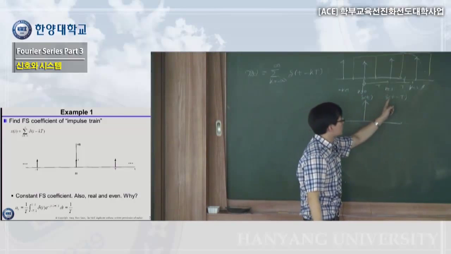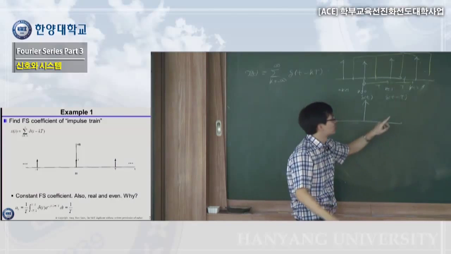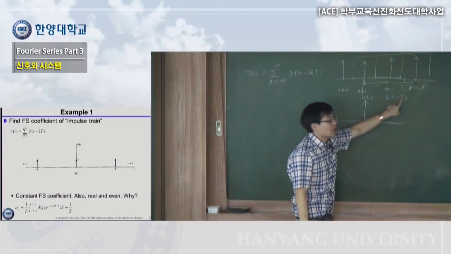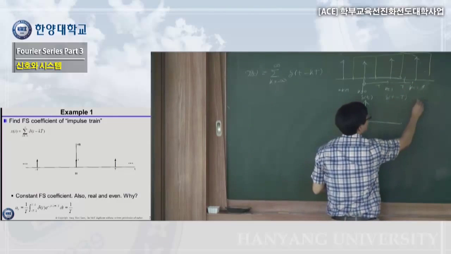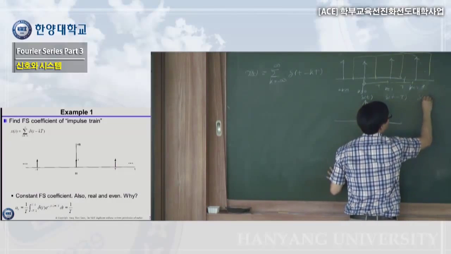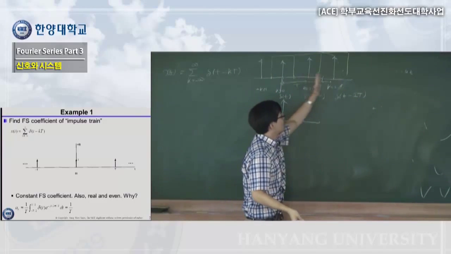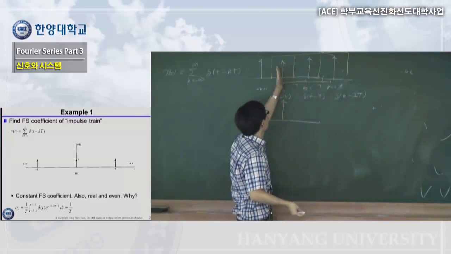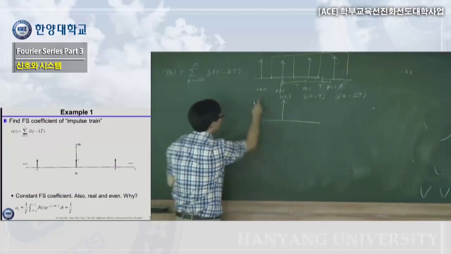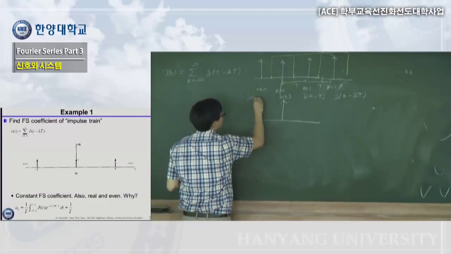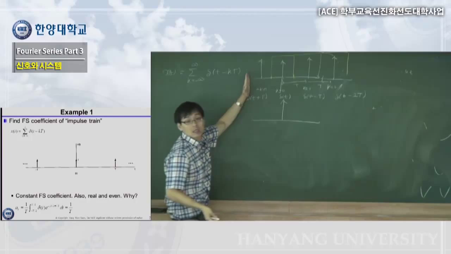Because they are shifted by T, small t by large T, with a period. This is what? Delta t minus 2T, because they are shifted by 2T. From here, they shift 2T, and they keep on going. How about this? Delta t plus T. They're shifting by minus T.